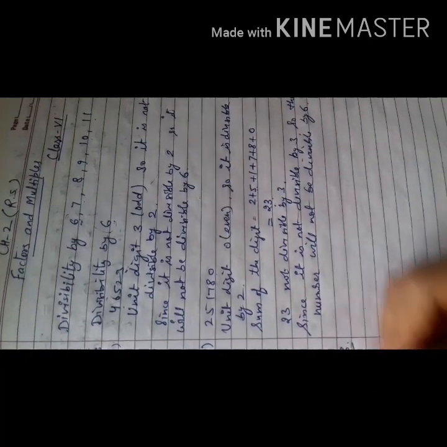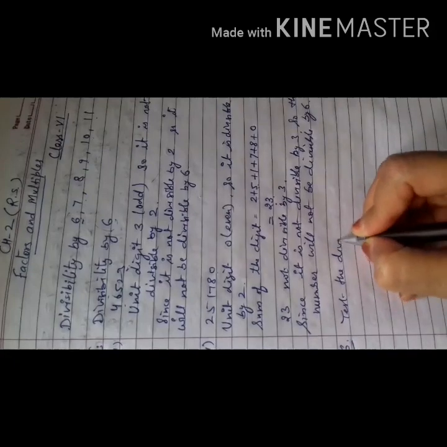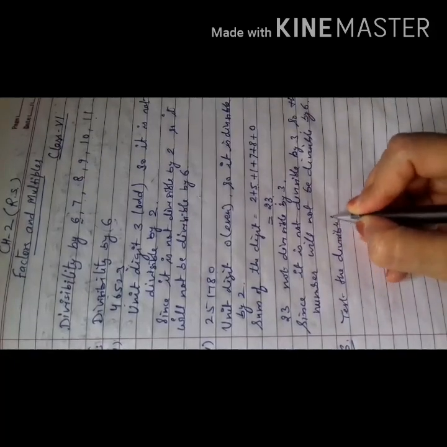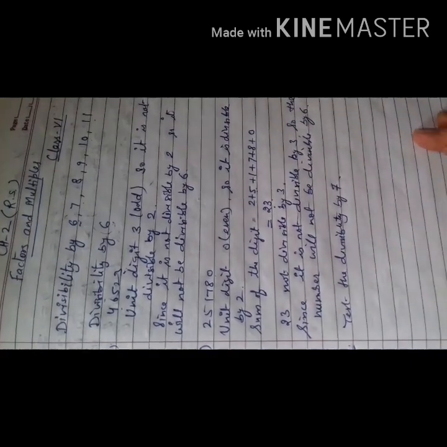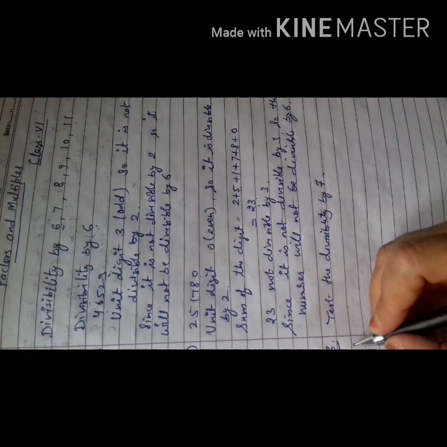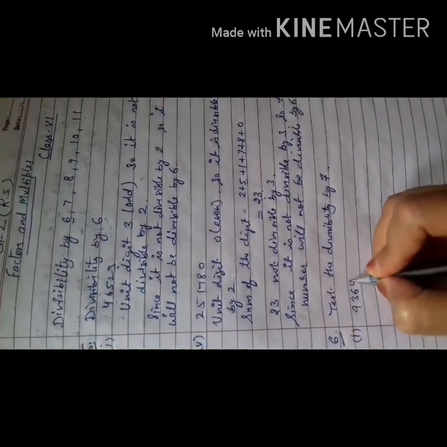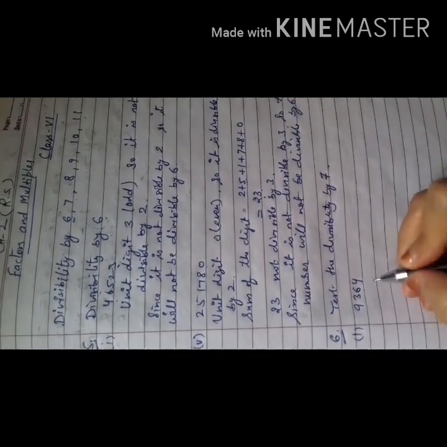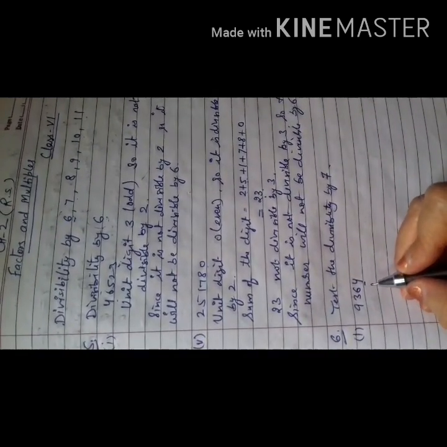Next, sixth question, test the divisibility by 7. First part: you have to take the unit digit. The unit digit is 4.